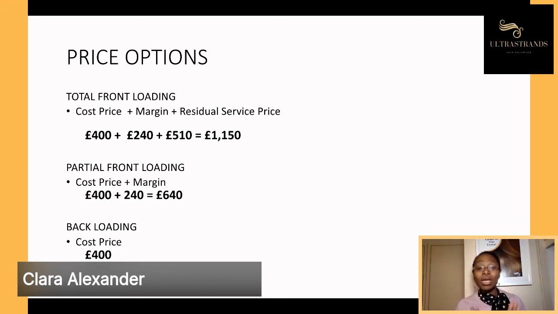So those are the 3 price options. Choose either 1 or 2. Please don't try and choose 3, because it really is going to cause you more havoc and more headache. But that's it. That is essentially it.